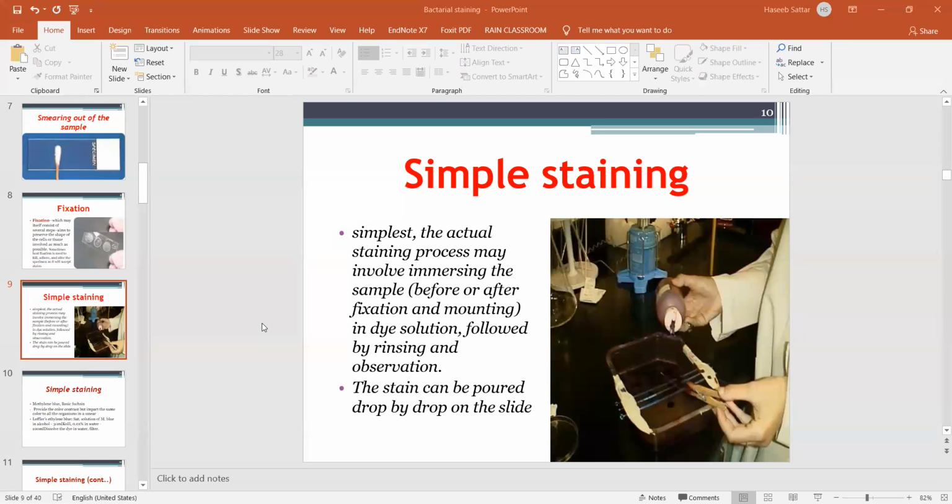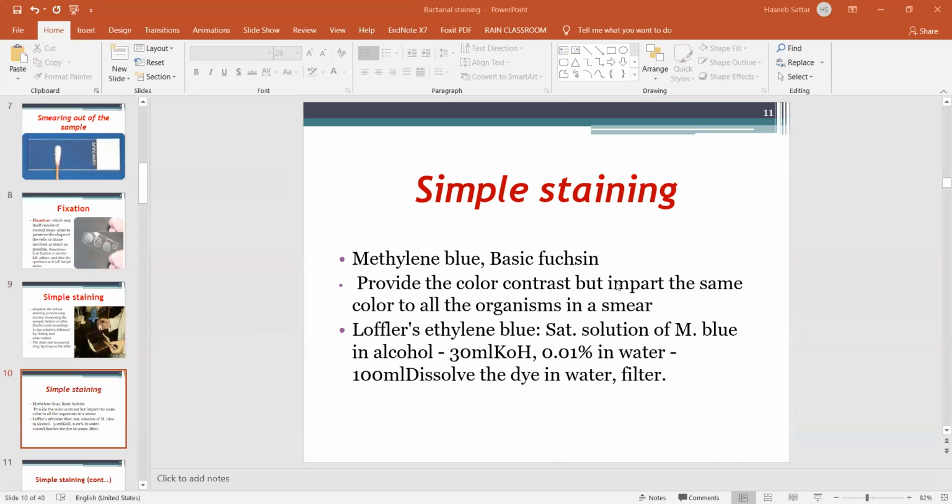For the simple technique, we can use different stains. We have methylene blue and basic fuchsin. These two dyes are coloring agents available in the labs.